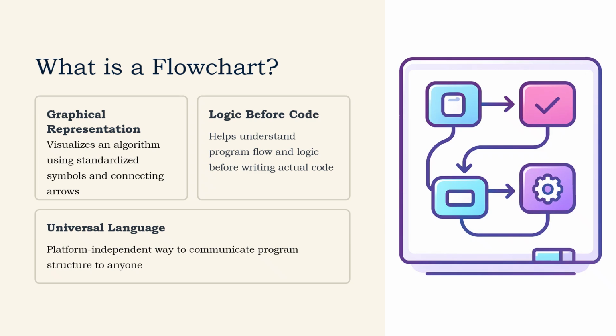For visual understanding, they provide a visual representation of how a program works. Programmers can analyze and improve the logic before writing any actual code. It acts as a communication tool. Flowcharts are easy to understand and can be used to explain program logic to others. Because of this, flowcharts are often called the universal language for program design.